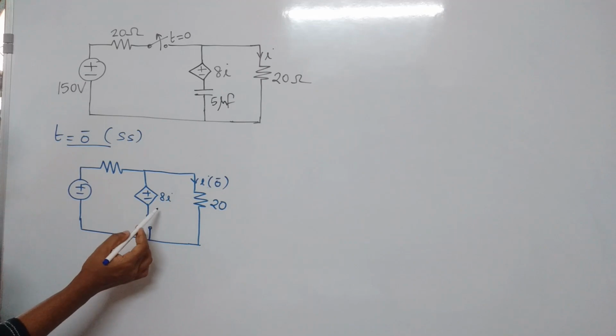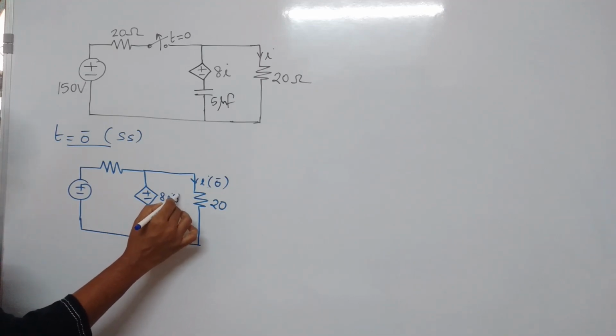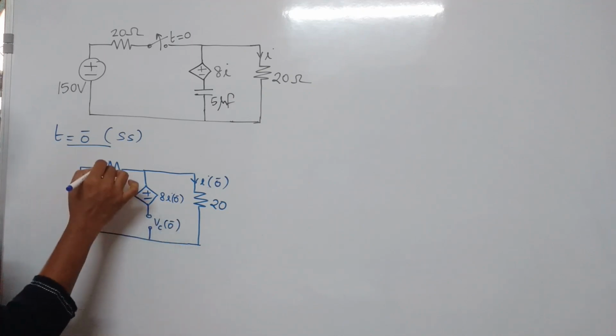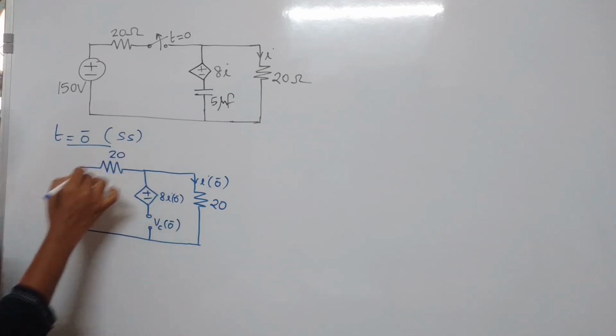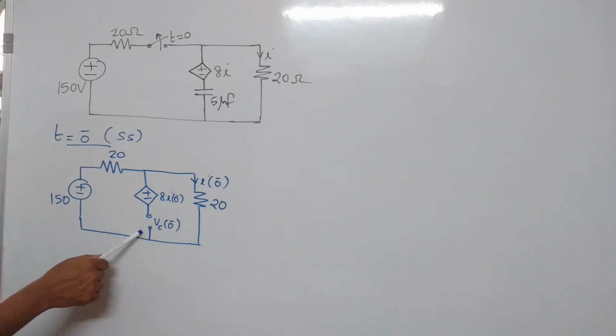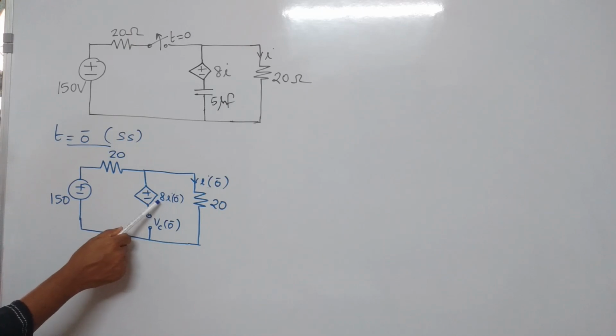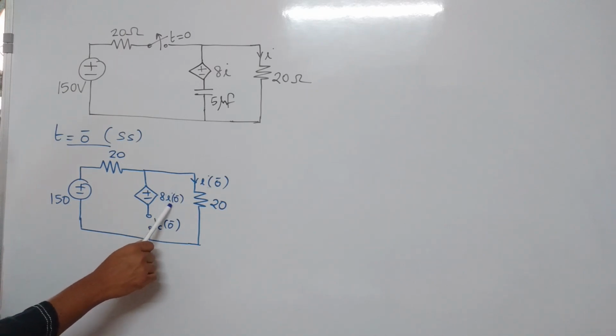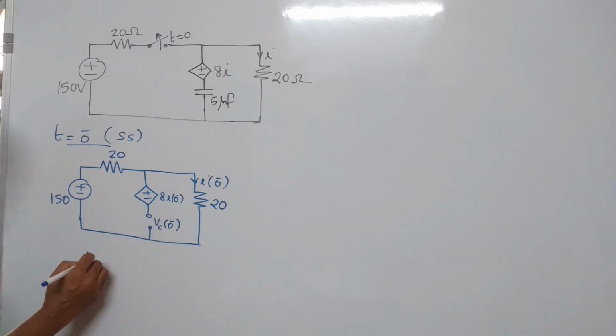If this is I of 0 minus, this is also 8 into I of 0 minus, and this is VC of 0 minus. This is 20 and this is 150. So in order to find out VC of 0 minus, we need to know the value of this source, which is 8 into I of 0 minus. So let's find out I of 0 minus first.